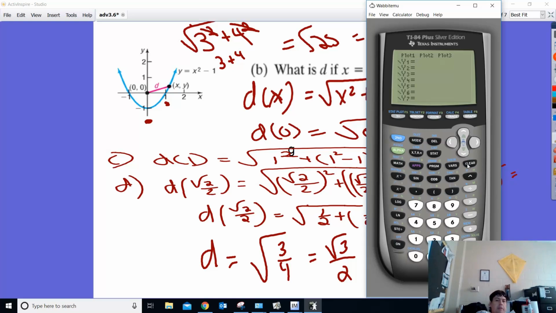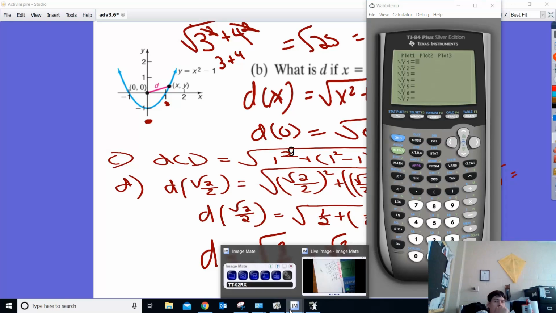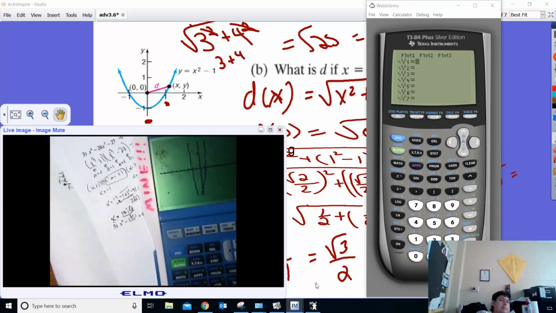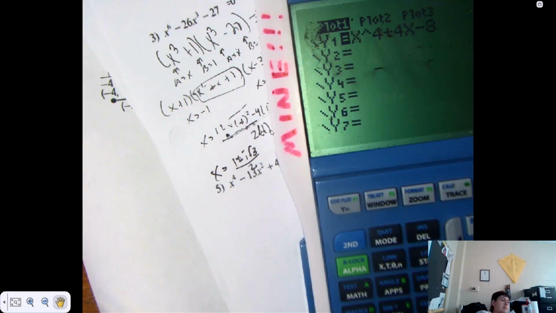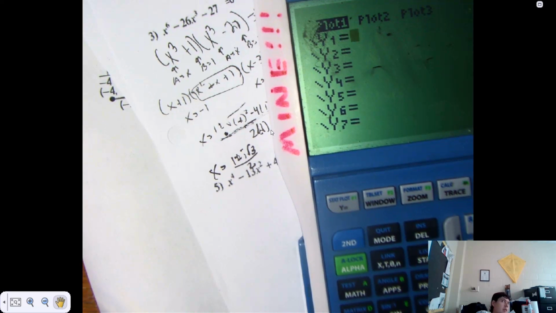I'm actually going to switch over to an older calculator that requires the use of parentheses instead of this newer one. Some of you guys are going to have older calculators. I'll pull up the new one too so you can see it.